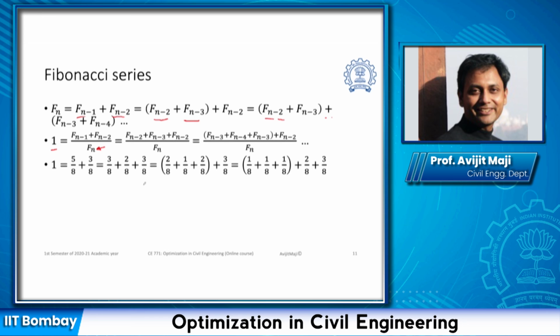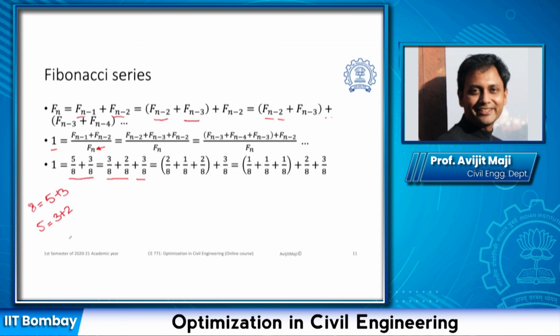Now if we look at an example, we can clearly see that if we start from the number 8, 8 is equal to 5 plus 3. So we can represent it this way. Then the 5 is 3 plus 2. We are representing it as 3 by 8 plus 2 by 8, and then we also have 3 by 8.